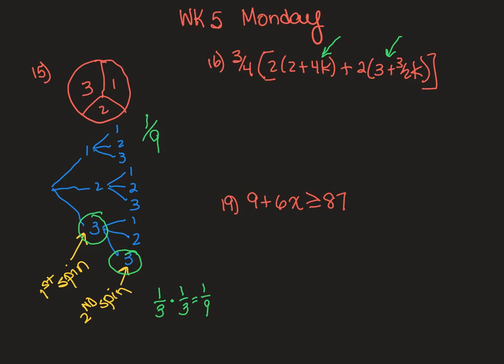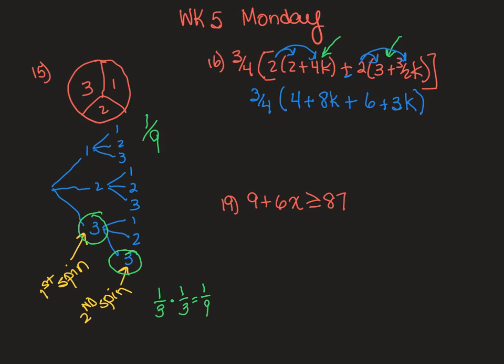So what we're going to do now, the first thing, we're going to distribute. So I have 3/4 outside, and then I'm going to go 2 times 2 is 4, and 2 times 4k is 8k, and I got that done. I'm going to make sure I keep this positive with that 2, so it's going to be a plus. 2 times 3 is 6, and 2 times 3/2 k is 3k, which is awesome because now I get rid of that fraction.